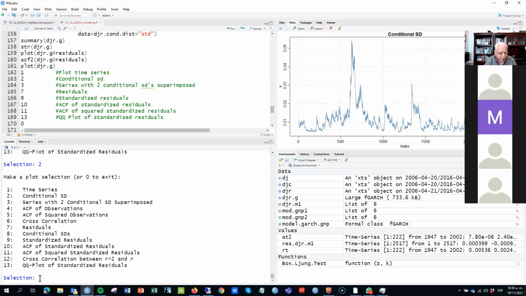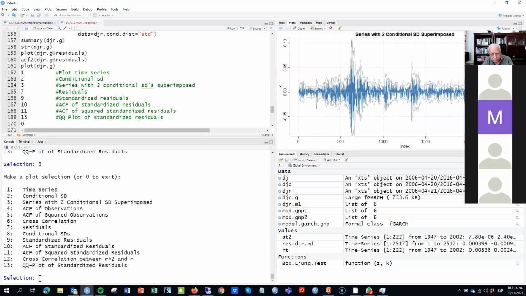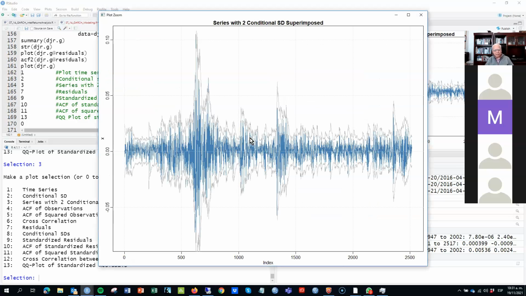Then the next one that I have here is 3, which is the series with two conditional standard deviations superimposed. This is actually more useful than just looking at the conditional standard deviation, because what I want to see here is if the model is reflecting the actual behavior of my returns for this time series.